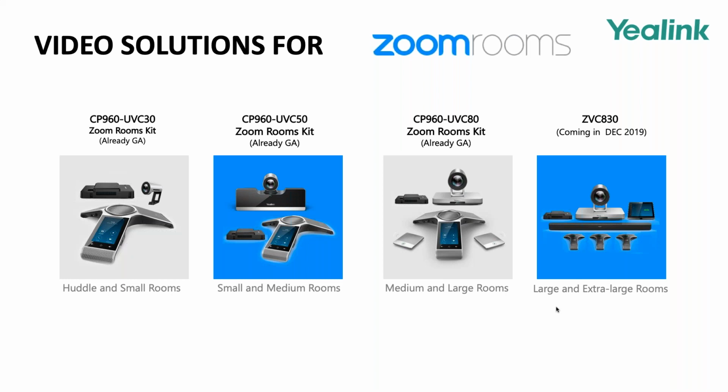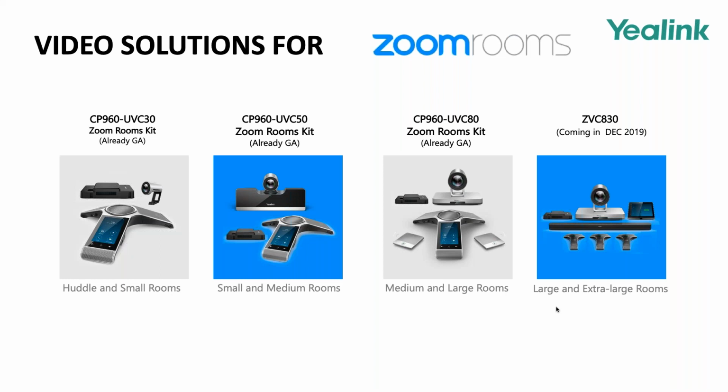Newly released as of, I believe, this week, Yealink has announced the ZVC830. This is a very exciting addition to the product family for Zoom Rooms kits. As you can see from the picture, you're going to get quite a bit more components, but it's really designed for a larger room application, such as a large conference room or boardroom, a training area, classroom, or lecture hall.